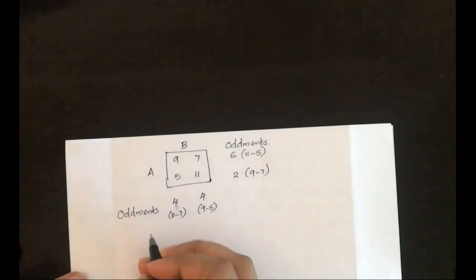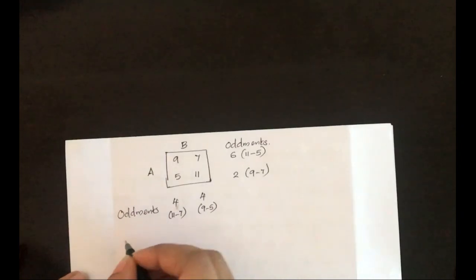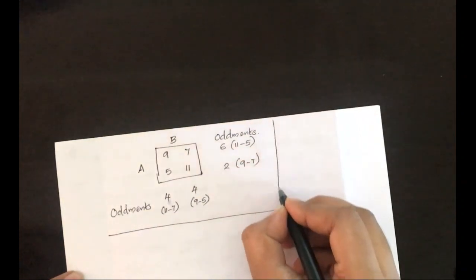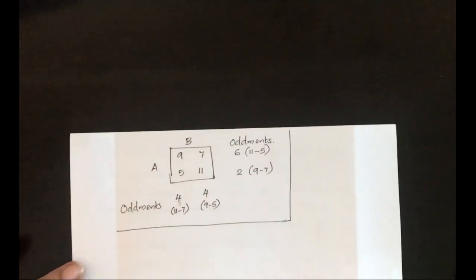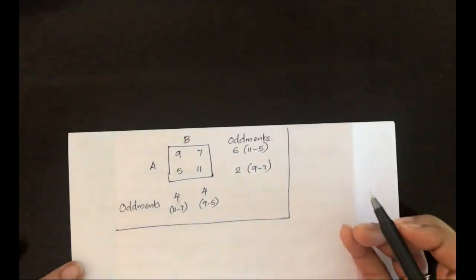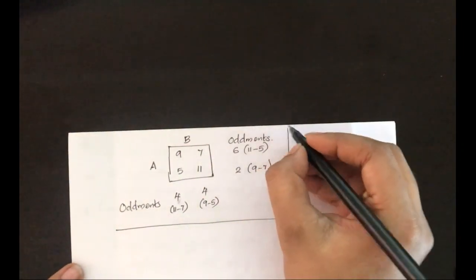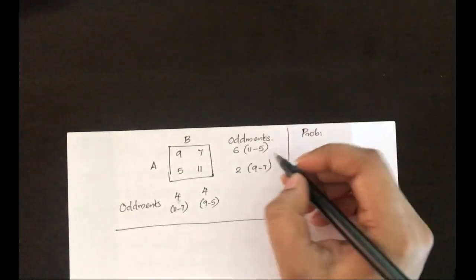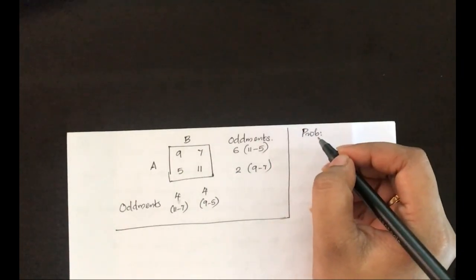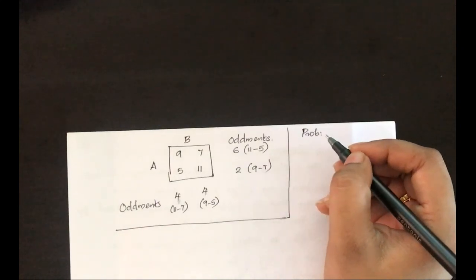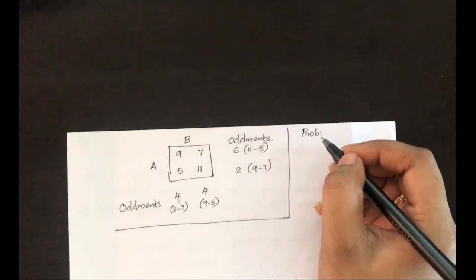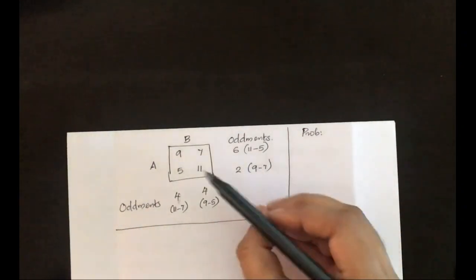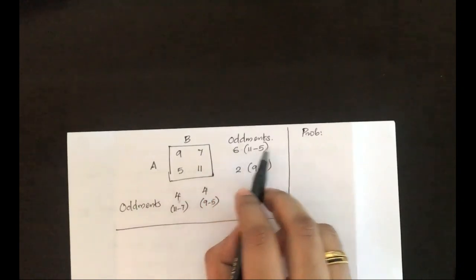Next, we are going to find the probability. I am separating it by drawing a line like this. Like oddments, we need to find the row probability and column probability. For the row probability, what is the oddment of the first row? 6.